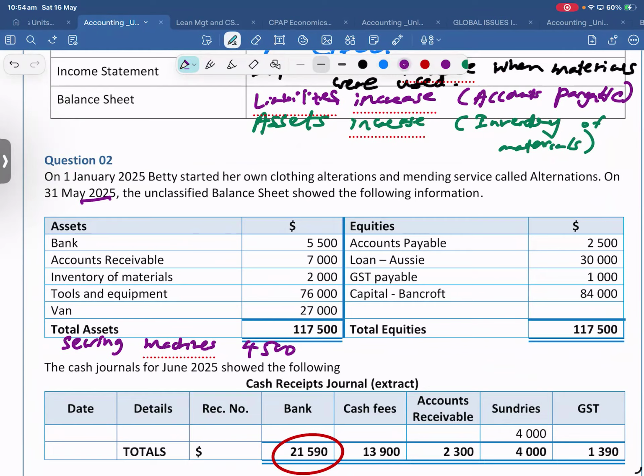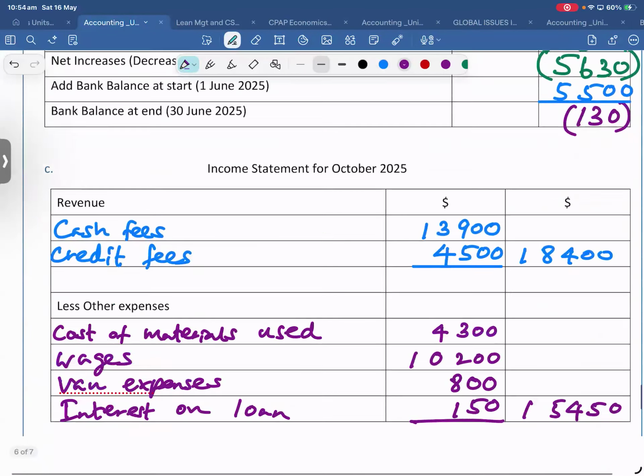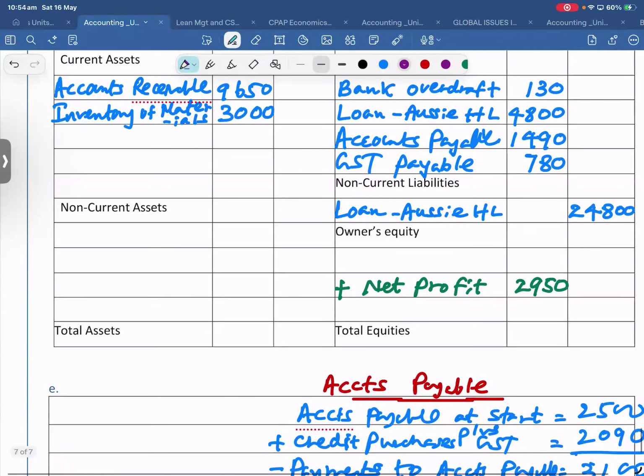Balance sheet, yes. So tools and equipment $76,000. That's a non-current one. Van, 27,000.